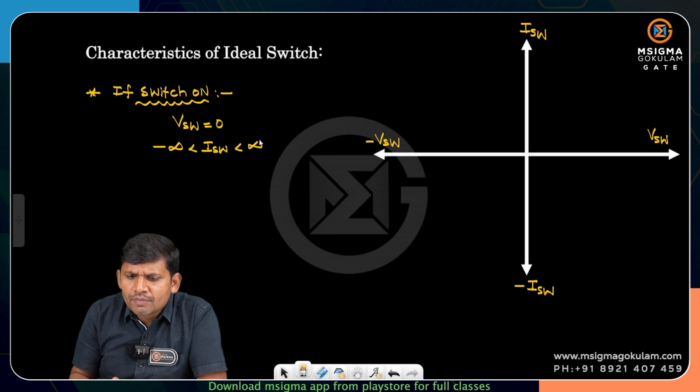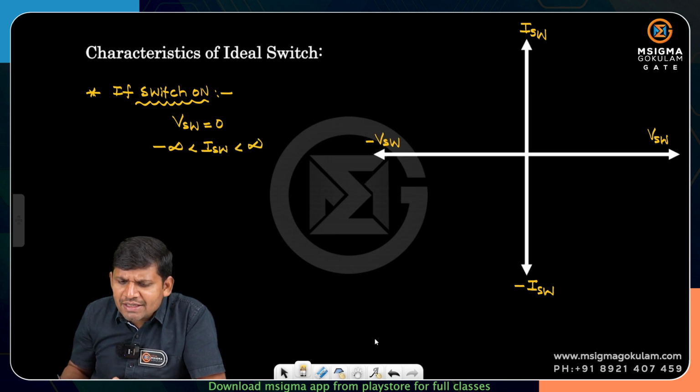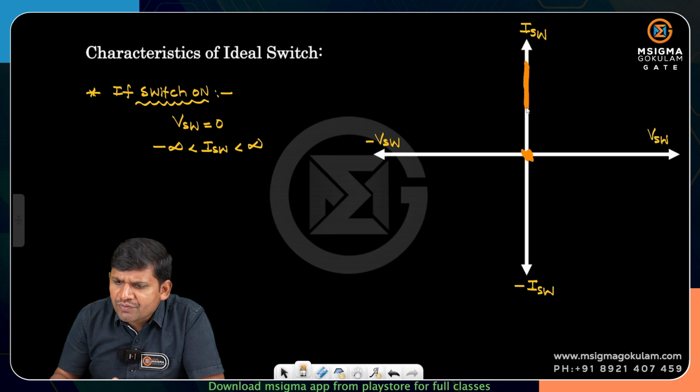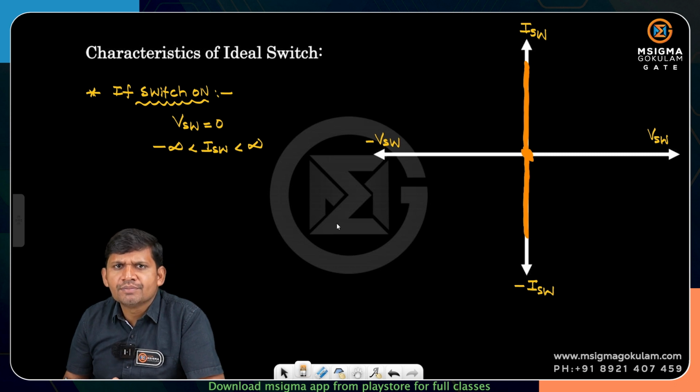Correct or not? Now, these characteristics I am representing here, students, so concentrate. That is voltage 0, and it carries any current from minus infinity to plus infinity.